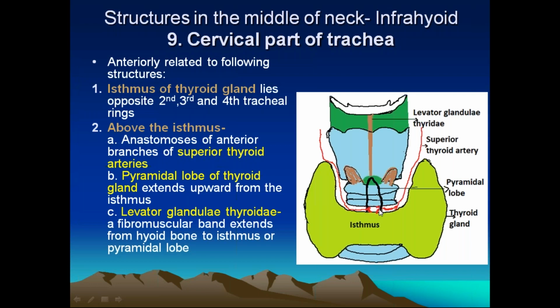This is called the pyramidal lobe of the thyroid gland. And one more structure, the levator glandulae thyroideae, is a fibromuscular band which extends from the hyoid bone to the isthmus. So these are the structures you can see above the isthmus, and these are related anteriorly to the cervical part of the trachea. Okay, so I think now you are clear about these structures.